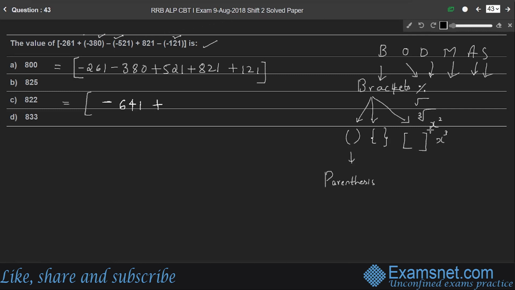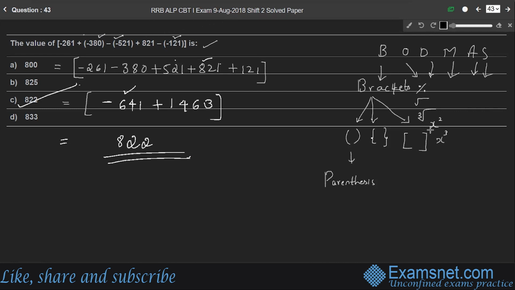Plus, add all positive numbers here: 521 plus 821 plus 121 is 1463. Directly subtract 641 from 1463. It's very easy. 3 minus 1 is 2, 6 minus 4 is 2, and 14 minus 6 is 8. So 822 is the direct answer. Therefore, option C is the right answer.